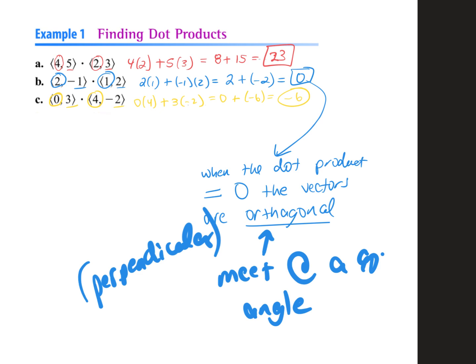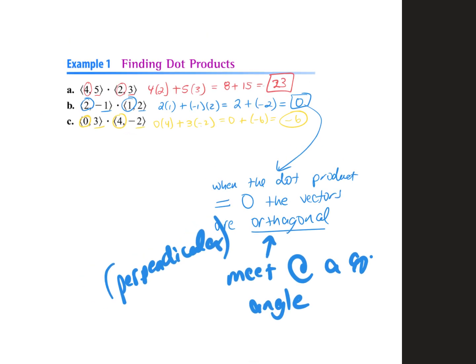So when the dot product is 0, your vectors are orthogonal, meaning if you graph them, they would meet at a 90-degree angle. So if you were going to prove if something was orthogonal or not, you would find the dot product, and if it's 0, then you know these meet at a 90-degree angle. They're perpendicular. So you already know what that means. It's just a different word.